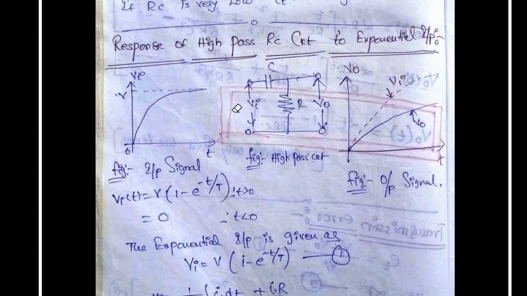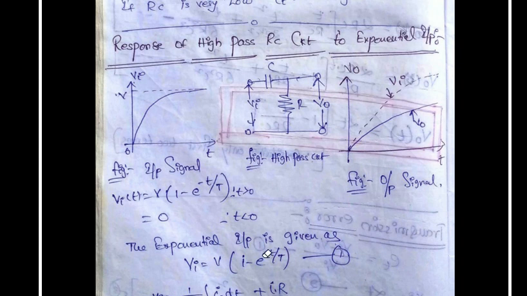Because we are applying an exponential input signal, the voltage developed across the capacitor is also exponential. This charging happens through a resistance R, because of some current flowing through the resistance R. That means because of this current, some voltage is developed across the resistor, that is the output voltage, and it also increases exponentially.